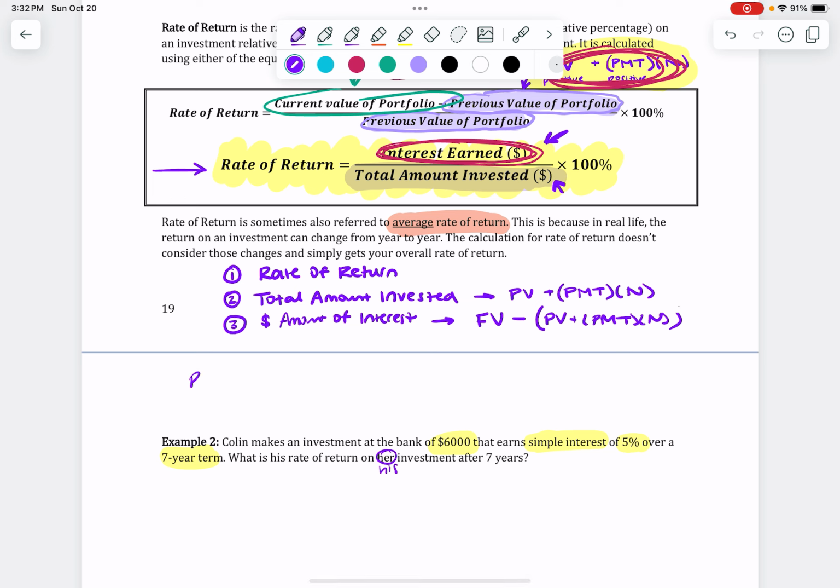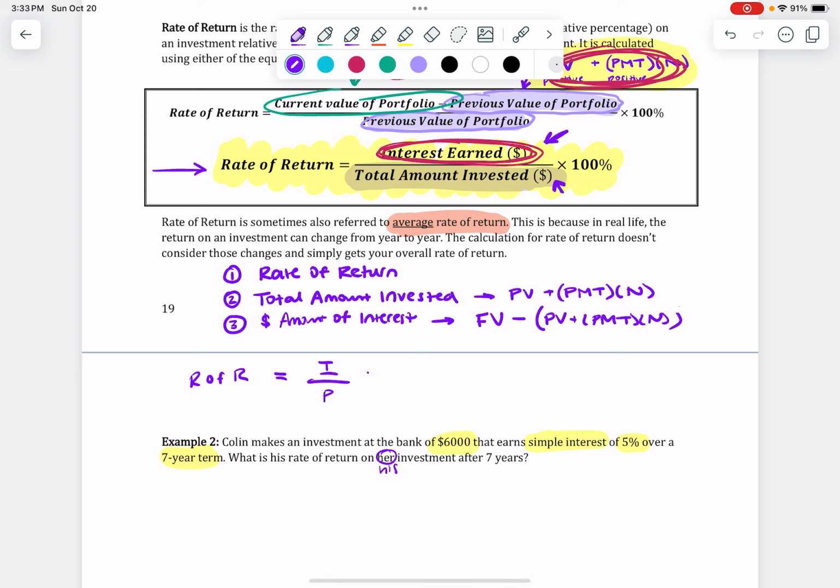If I'm looking at that bottom formula, we use capital R as a shorthand for rate of return. My interest earned as a dollar amount actually is just straight up I in my I = PRT formula. And in this scenario, Colin's not making a repeated payment. We don't know how to actually tackle that in the simple interest. So his total amount invested is actually just going to be his principal.